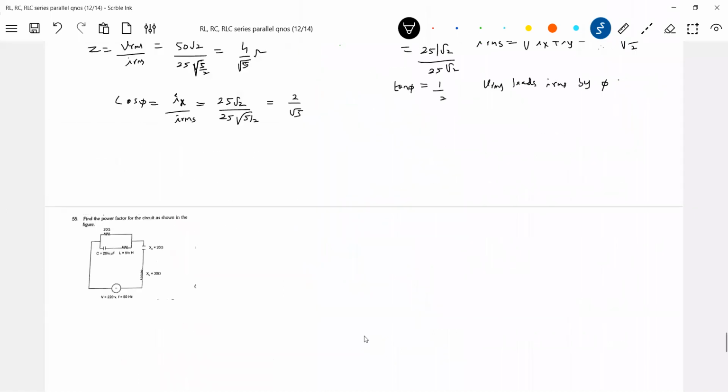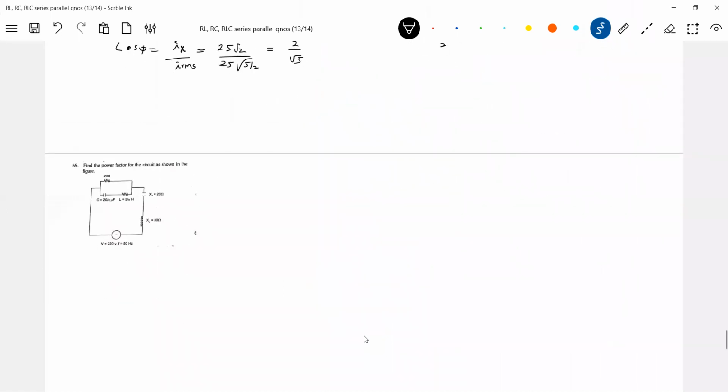Then in a series circuit, you see that if you look at the series circuit, we used to have it like this, no? Please notice the different set of formulas. This is VRMS, this is IRMS, this is VR.